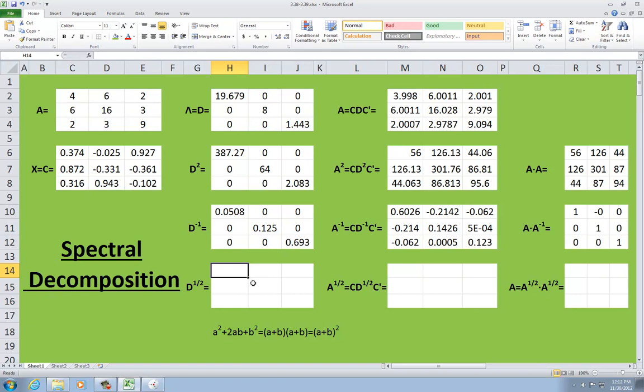So let's do that as well. We can make this one equal to the square root of the first diagonal element in D. This one can be equal to the square root of the second diagonal, and the square root of the third diagonal. And of course the rest are zeros.